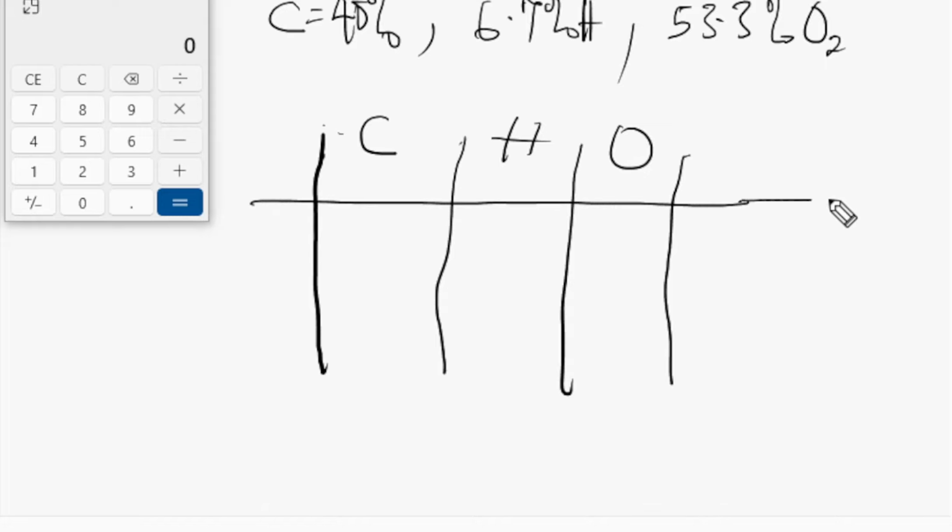First, we are concerned with the reactant mass. We'll use these percentages as the reactant mass.